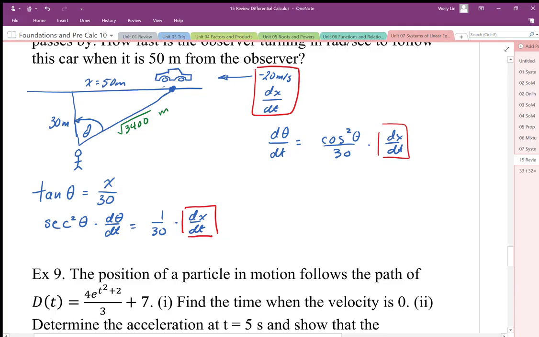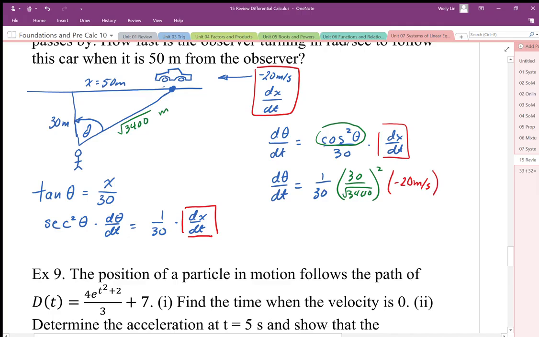Okay, so my d theta by dt is equal to the cosine squared. So I'm just going to put my 1 over 30 here. My cosine squared is going to be 30 over the square root of 3400, squared. So there's my cosine squared. And then plug in my known negative 20 meters per second.